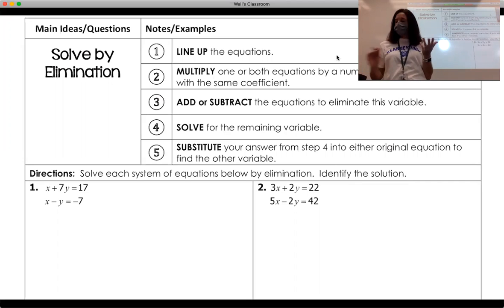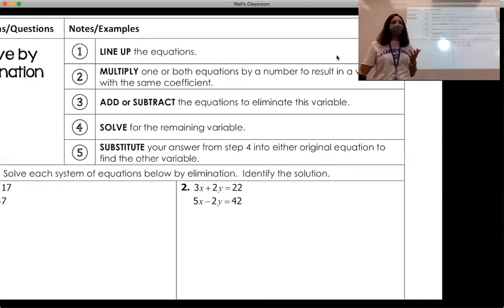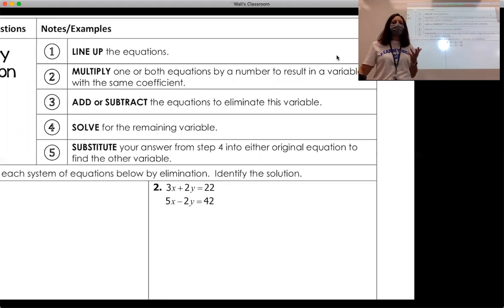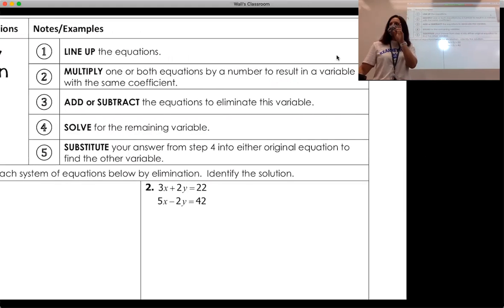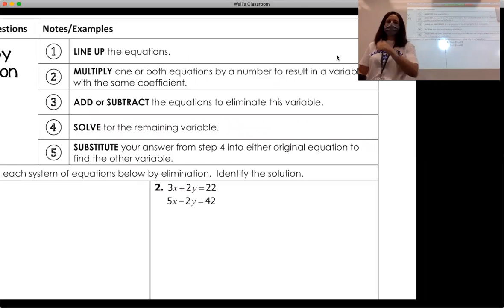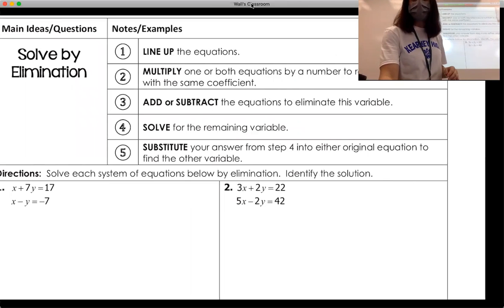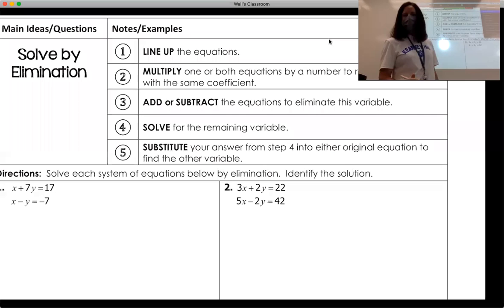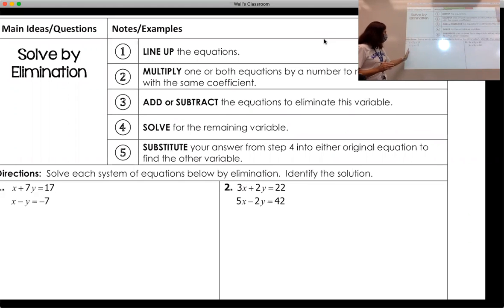Then, if necessary, you would multiply one or both of your equations so that one of your variables has matching coefficients. So we want to multiply if necessary so that our coefficients match. So like here, what's the coefficient on x and the coefficient on x? 1.